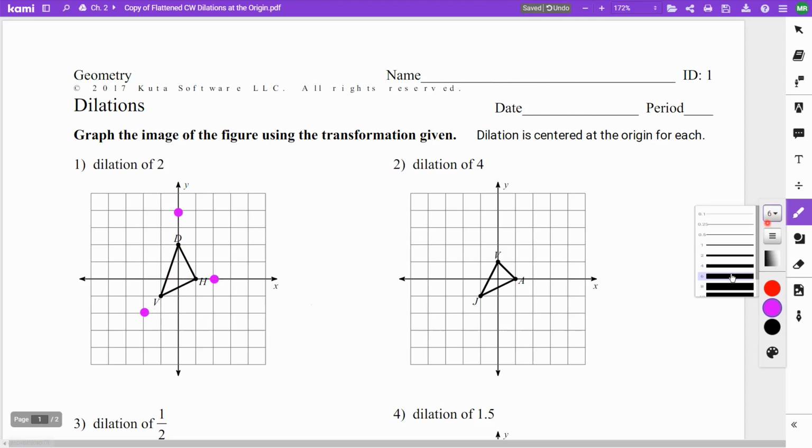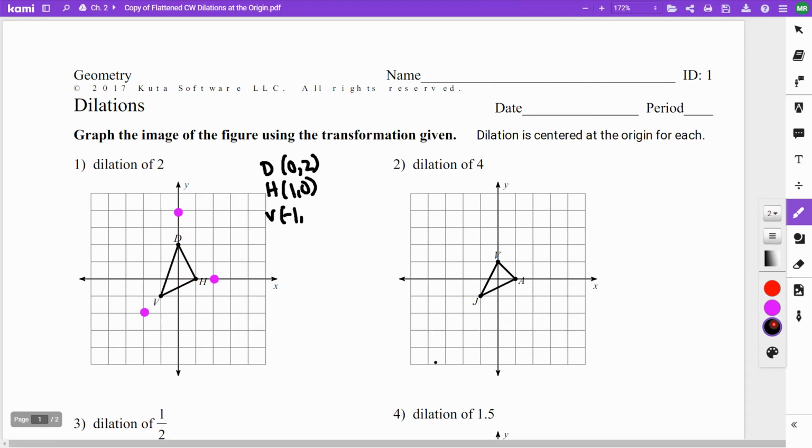Now, that was me counting how far it is from the origin. Something else you can do is list the coordinates out. So D is 0, 2, H is 1, 0, V is -1, -1. Then I'm going to times the X and the Y by 2, and I'll get my new point.